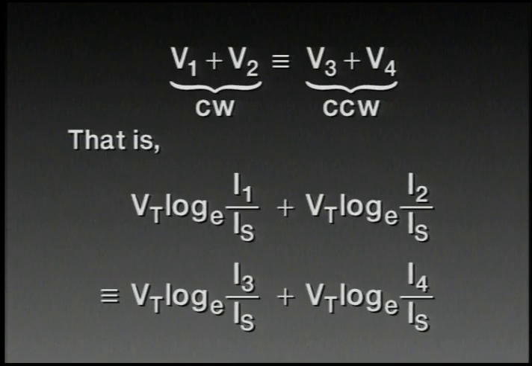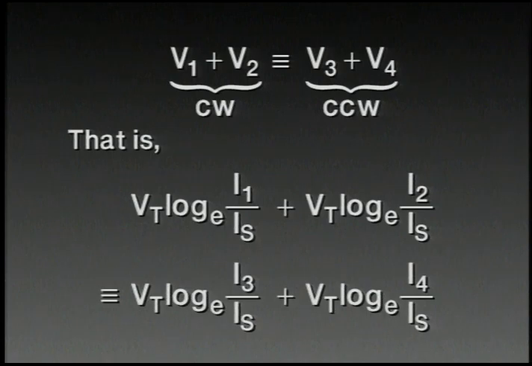So if we substitute the voltages by their more complete form, showing the relationship between the currents and the voltages, then we have the lower equation involving 4 voltages which algebraically sum to 0. Now, the first thing we notice here is that the thermal voltage, Vt, immediately cancels. It appears in all 4 terms, and therefore we can ignore it.